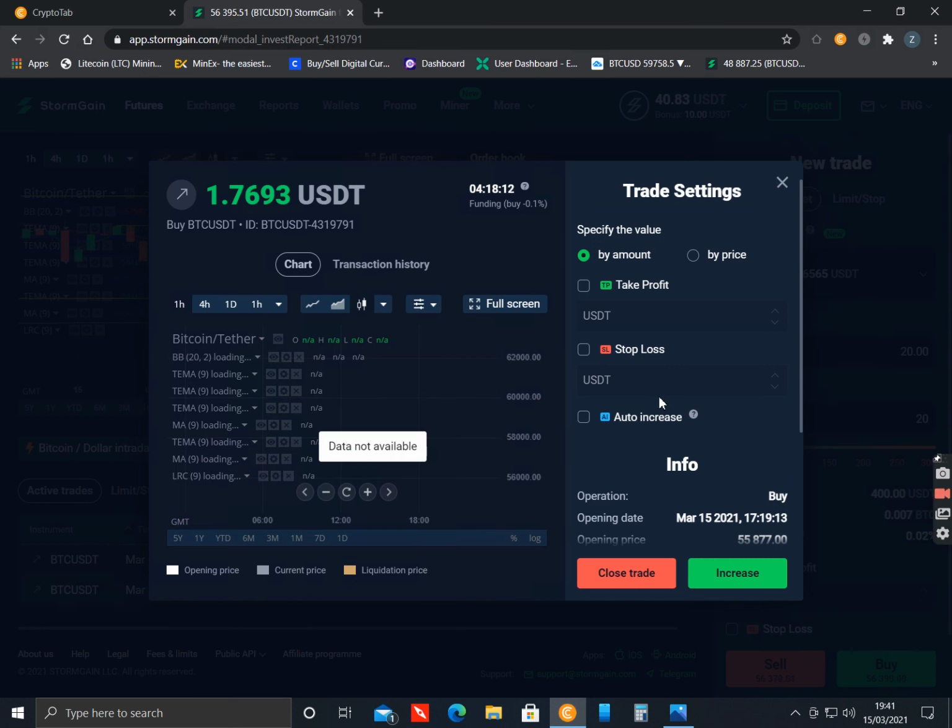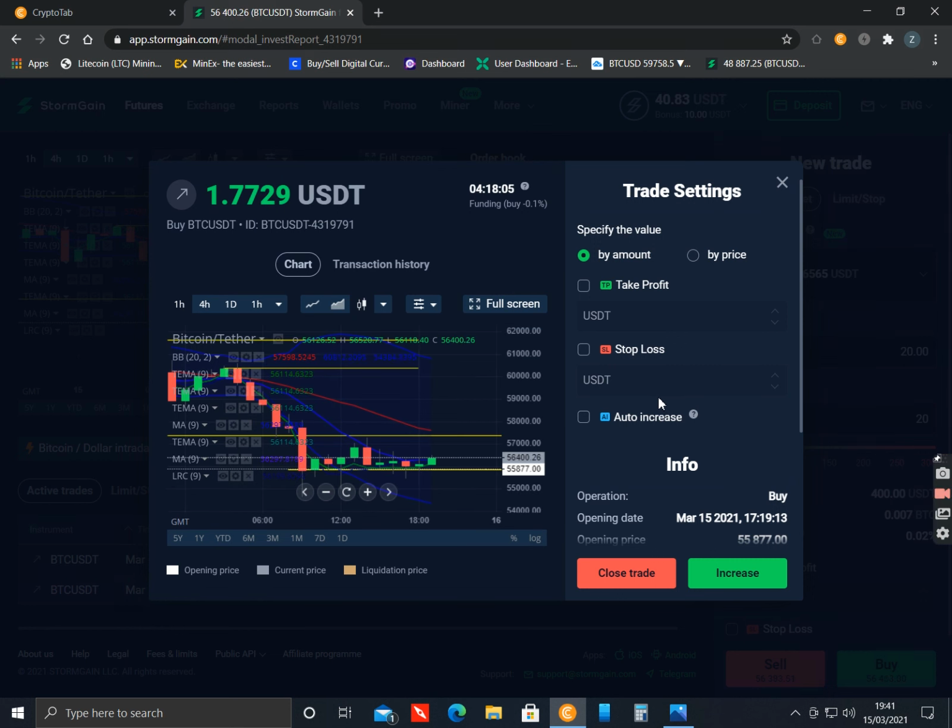So I like to wait until I'm in quite a decent bit of profit, and then I'll set a stop loss. So say once this trade reaches 10, I will put a stop loss in at maybe 5, just so then I know that I've got that 5 profit from it.